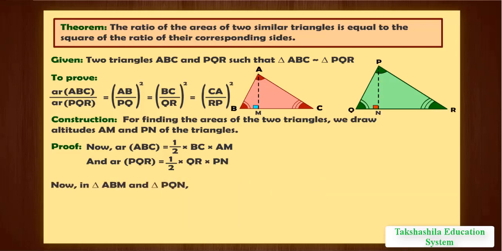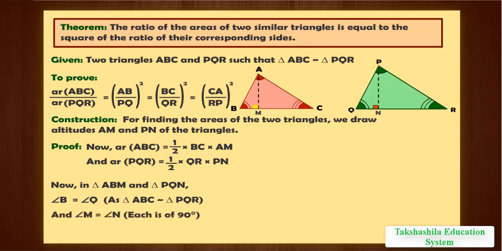Now, in triangle ABM and triangle PQN, angle B is equal to angle Q as triangle ABC is similar to triangle PQR, and angle M is equal to angle N, each of 90 degrees. So, triangle ABM is similar to triangle PQN by AA similarity criterion.